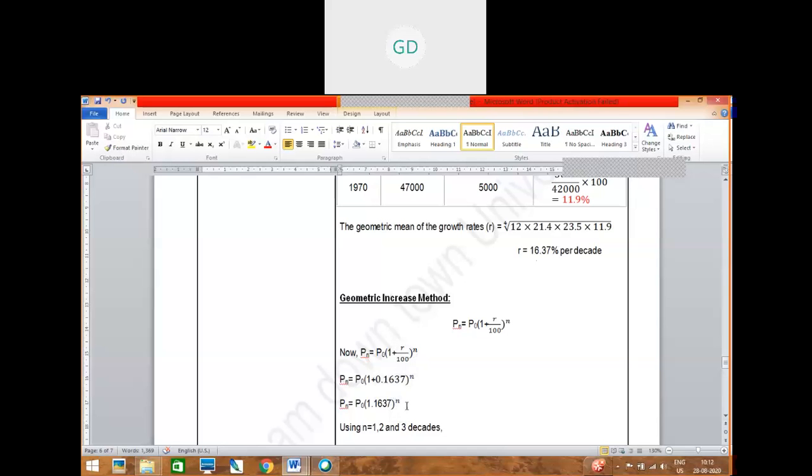So quickly find out the values. Everything you know. Using N as 1, 2 and 3 decades, find out the population for 1980, 1990 and 2000. Quickly find out.